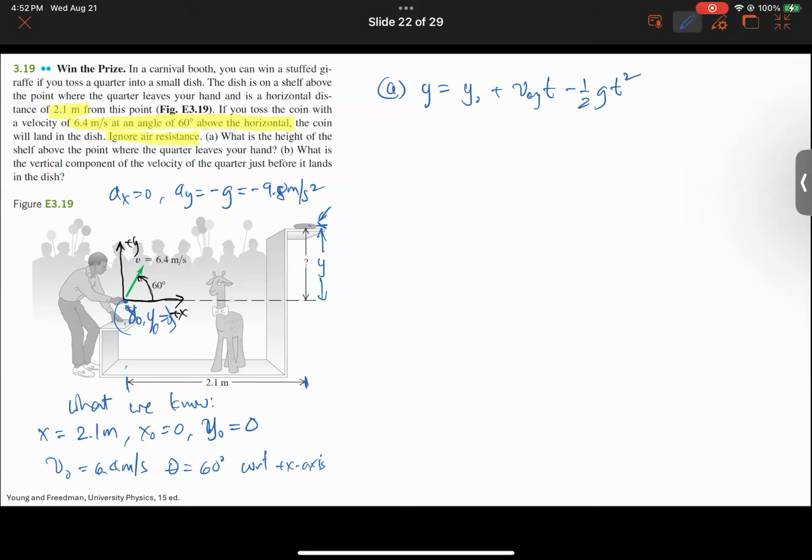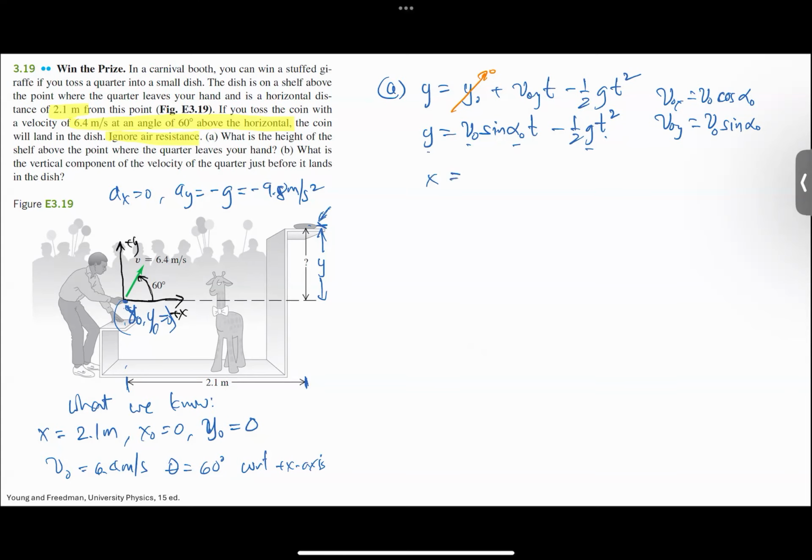If we write that, y naught is 0, and v naught y is v naught sine alpha naught, so t minus 1/2 g t squared. Because v naught y is v naught sine alpha naught, and v naught x, of course, is v naught cosine alpha naught. So we know v naught, we know alpha naught, we know g, but we don't know the time. The y is what we're looking for. What else do we know?